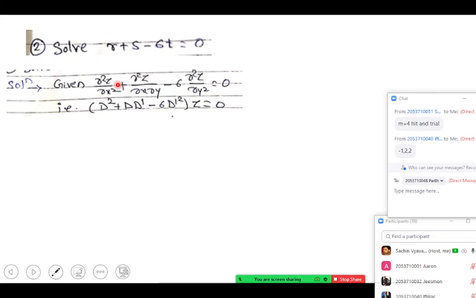Now find out the roots of the auxiliary equation. Before that, you should replace D with m and D dash with 1. Tell me the roots.